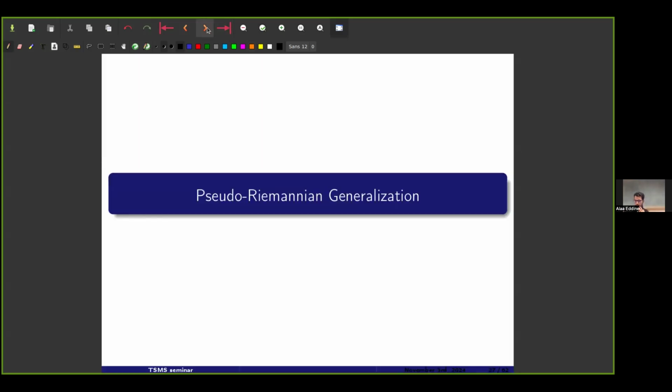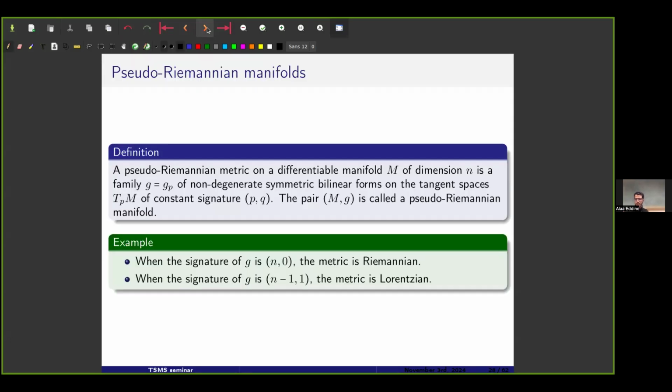Here we will be interested in the pseudo-Riemannian generalization of the problem. I recall that a pseudo-Riemannian manifold is a manifold endowed with a field of non-degenerate symmetric bilinear forms defined on the tangent spaces, of course with the same signature.